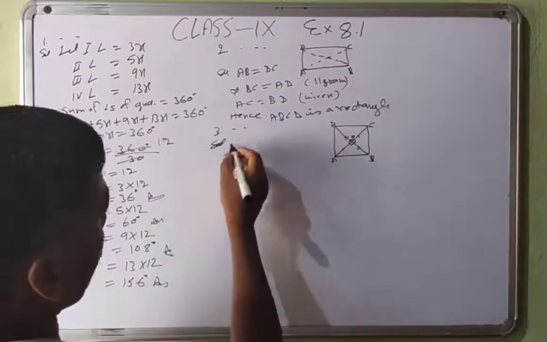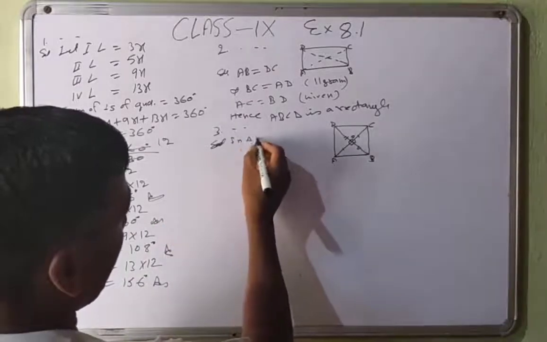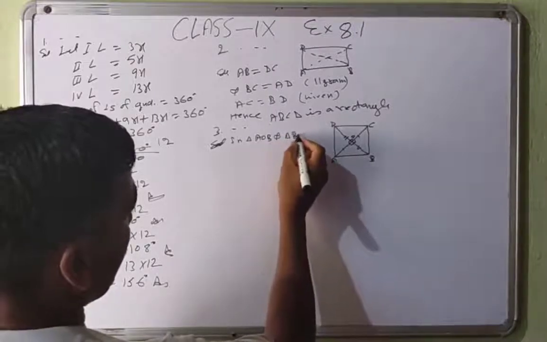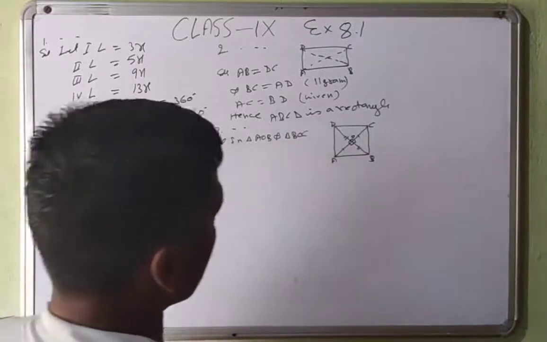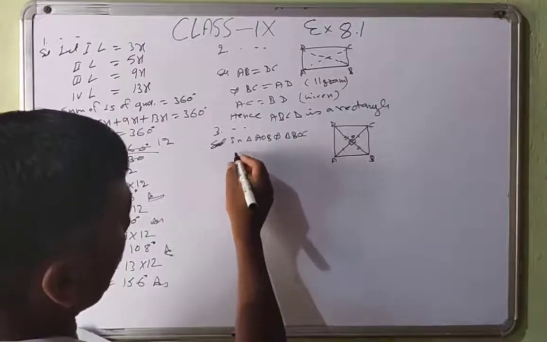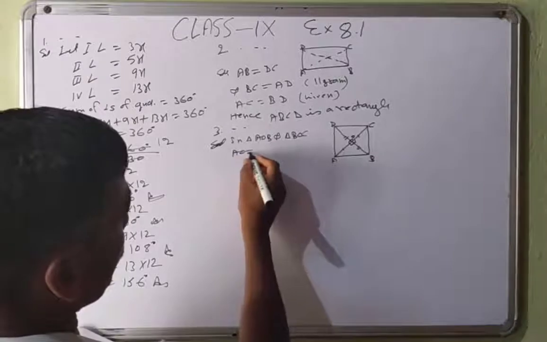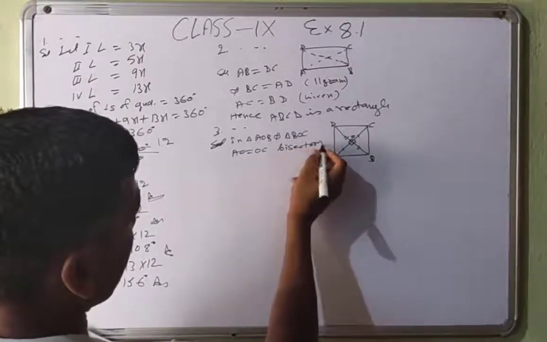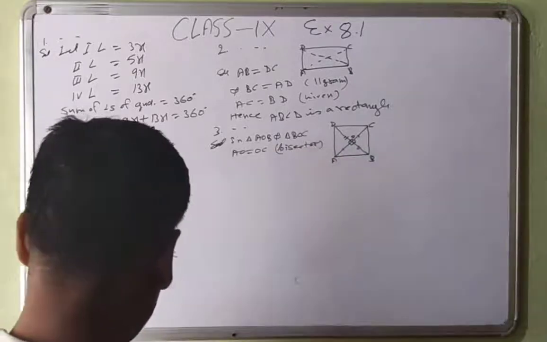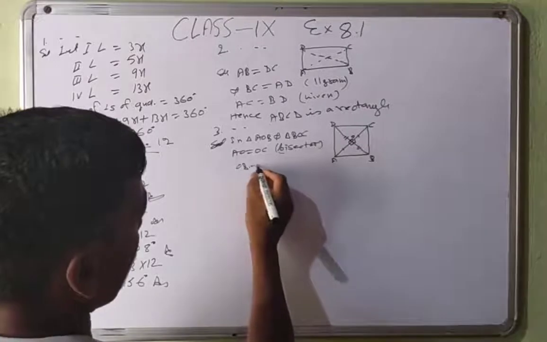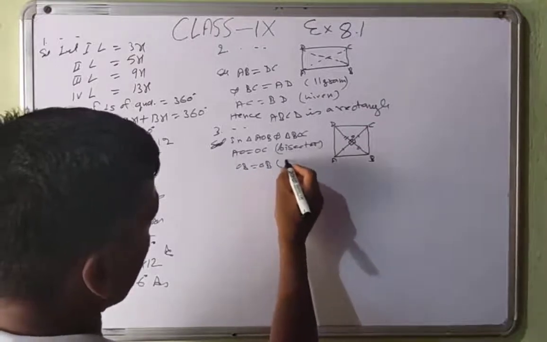Now in triangle AOB and triangle BOC, AO is equal to OC by bisector. This is given in the question. And then OB is equal to OB, that is common.